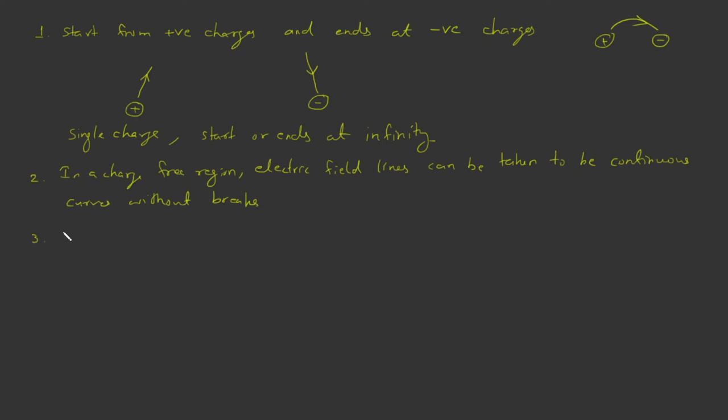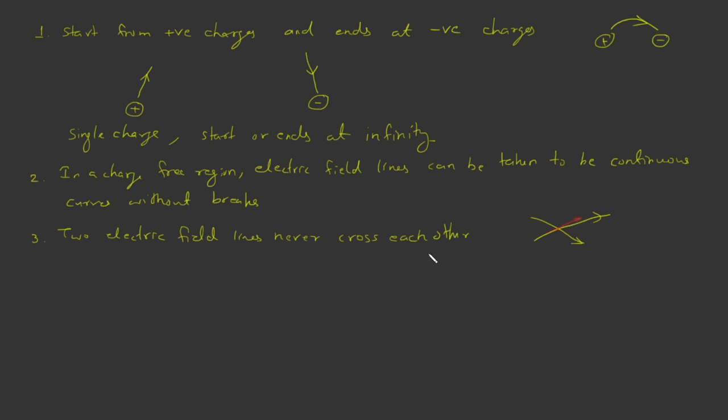The third property is that two electric field lines never cross each other, like this. Why is it not happening? Because if I draw a tangent at the point where they cross, I will get two tangents for two curves.